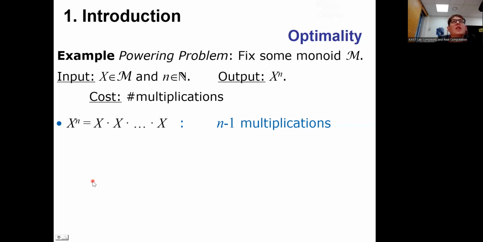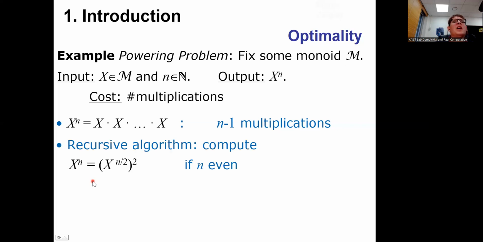And to this end, we're going to look at another algorithm, a recursive one. So this recursive algorithm, I'm going to refrain from even stating the pseudocode, and just write down a mathematical formula. In case n is even, then n over 2 is an integer, and we can recursively raise x to the n over 2 power, and then take the result and multiply that result to itself.